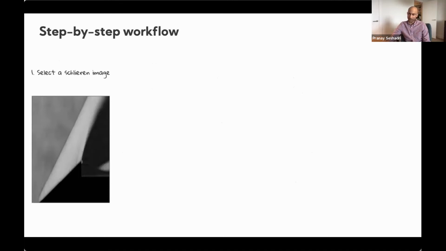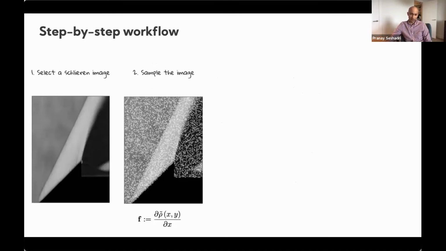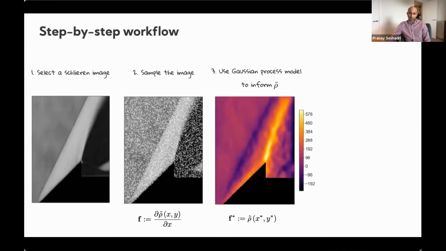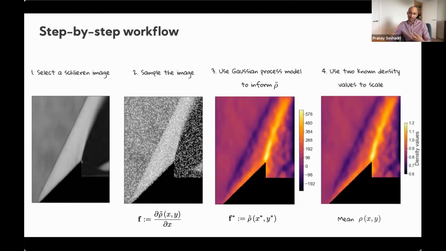So let me show you the step-by-step workflow. So you select a Schlieren image, you sample this image, and this basically gives you those Schlieren values. We use this Gaussian process model to inform a scaled density, and provided with two density values, we're able to scale back to the actual density.